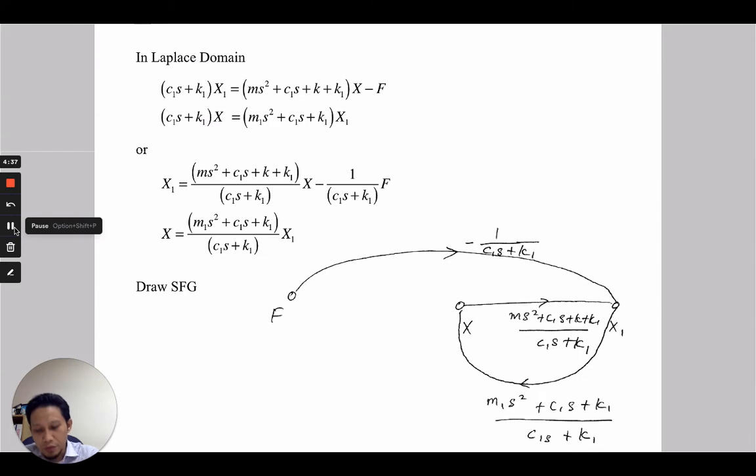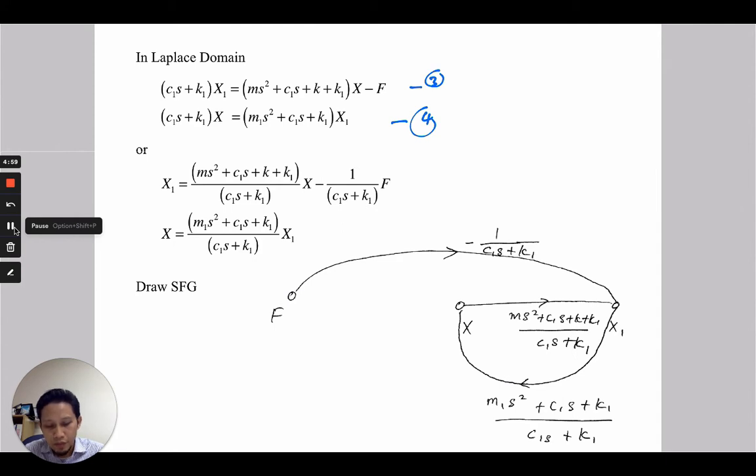The next thing to do is to transform these equations into the Laplace domain. So we rearrange and we come up with equation 3 and equation 4 over here.